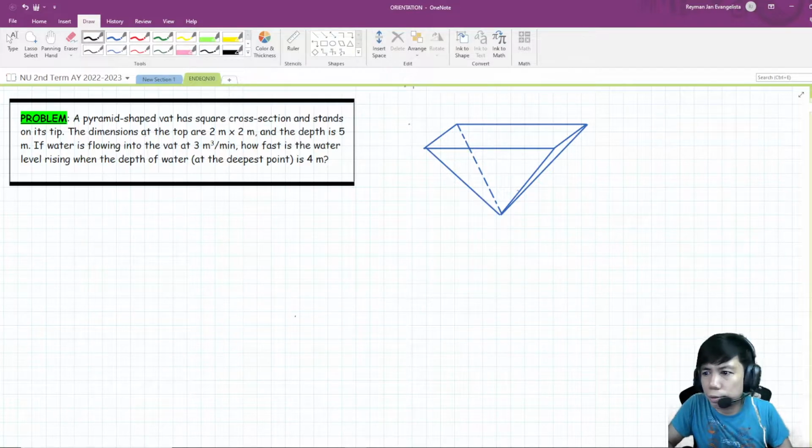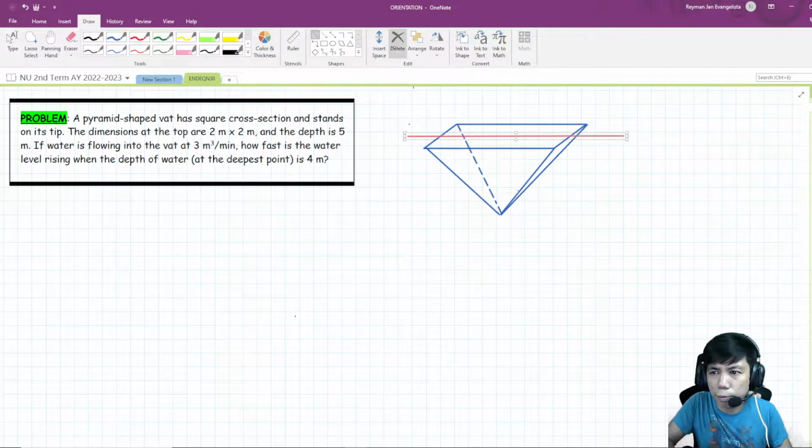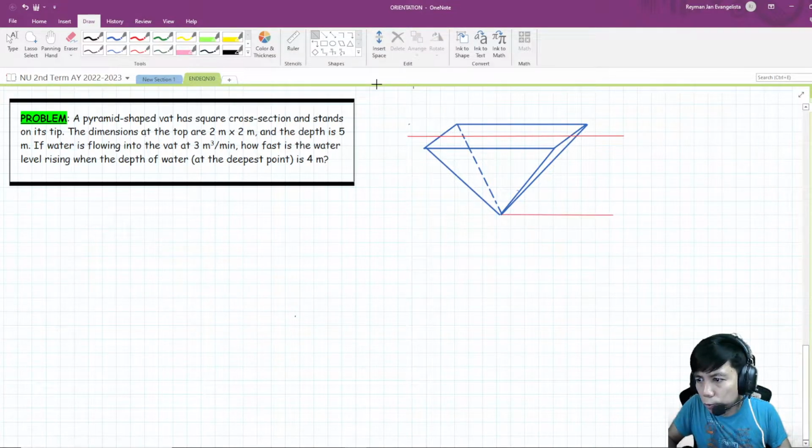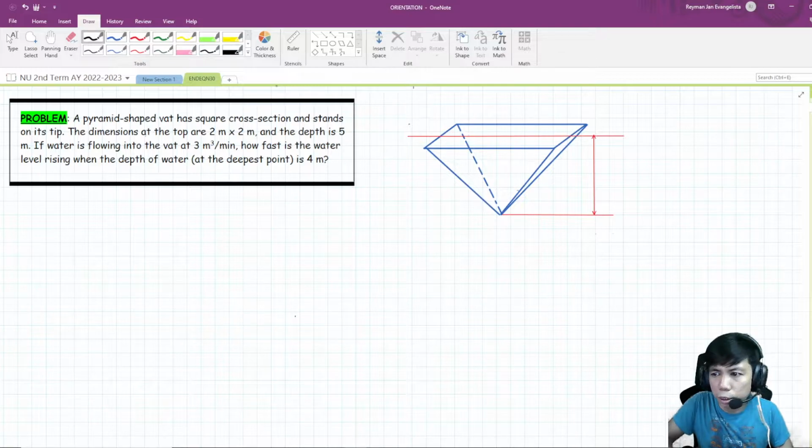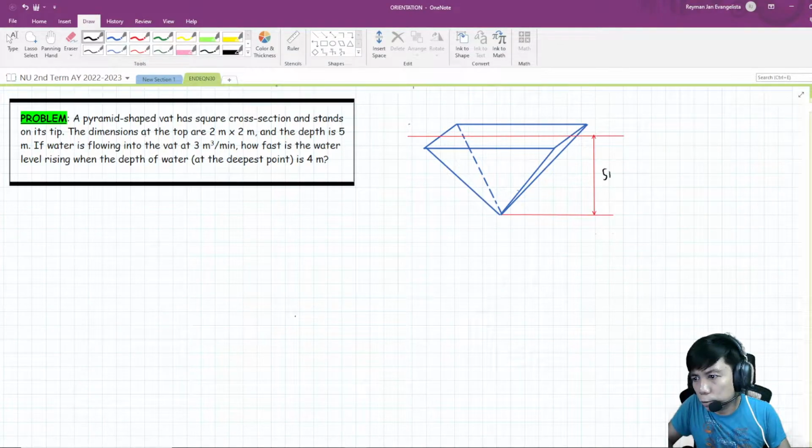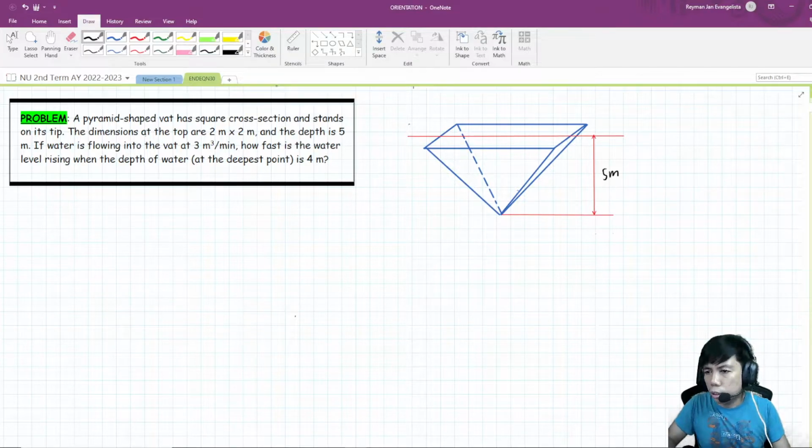So, yung height natin, let's say ito yung kanyang center line. So this is 5 meters, yung depth ng vat natin. Then, the dimensions at the top is 2 by 2, so 2 meters by 2 meters.